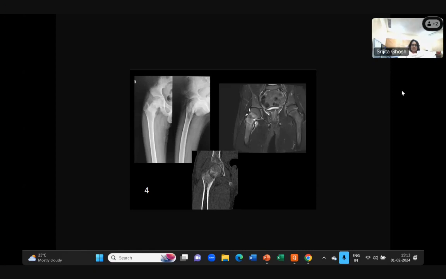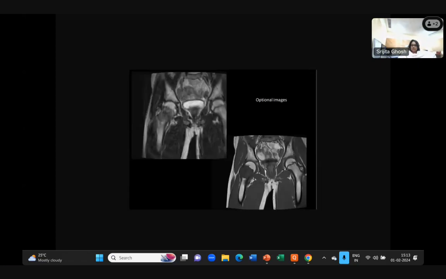Okay. You are on resident night duty and you're asked to come and see this MRI of a road traffic accident case, who's not even letting you touch the leg or hand, whatever. This is the elbow, sorry.